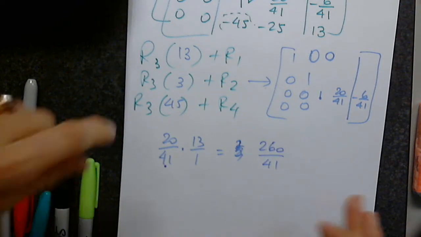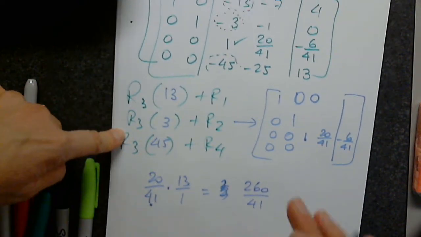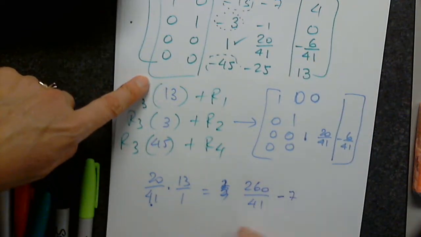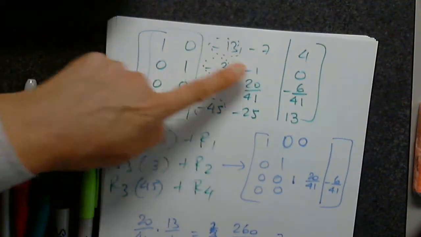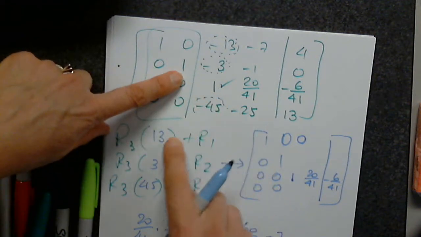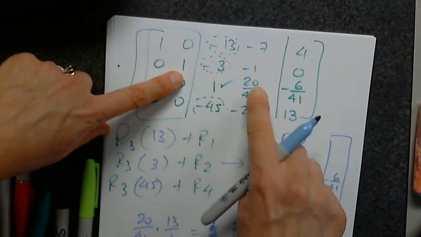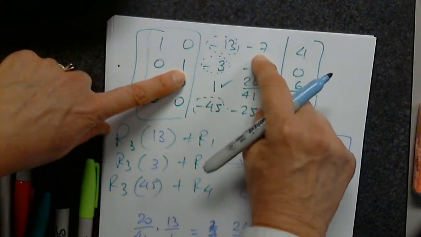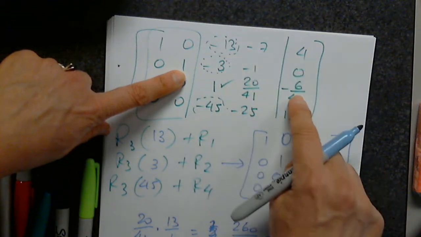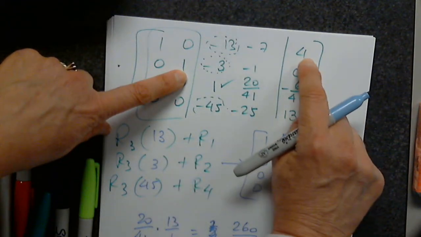So I have to write 260 over 41, plus, I should say minus 7 now. So one more time: 1 times 13 plus this. Now this times 13 minus 7. And then this times 13 plus 4.